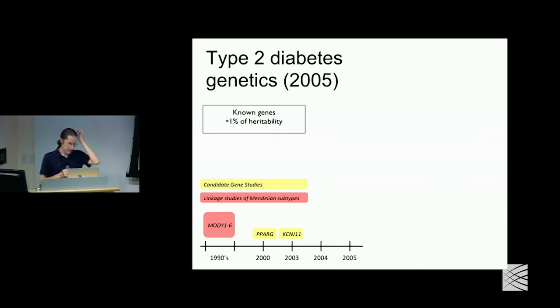Here were examples of what was known in the year 2005. Basically, there were some very early onset monogenic forms of diabetes, similar to where our fields were with respect to breast cancer findings, with respect to Alzheimer's findings.